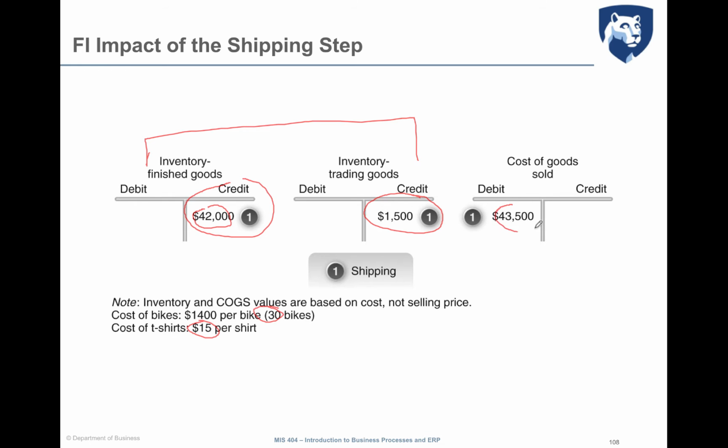And if you remember the accounting principle, the cost of this inventory is immediately put in my cost of goods sold because I'm selling this item and this is its cost. This is its financial cost, the economic cost. So I'm debiting the cost of goods sold by an equal amount.